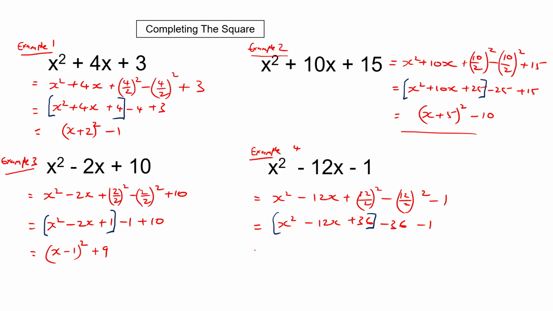So that's equal to, if I factorize that, what do I get? The square root of 36 is 6, so it's going to be x minus 6 squared. And then minus 36 minus 1 is minus 37. So that's how we complete the square. So I want you to hit pause, copy these down, and when you're ready, hit play again. And I've got 4 questions for you to have a go at first.